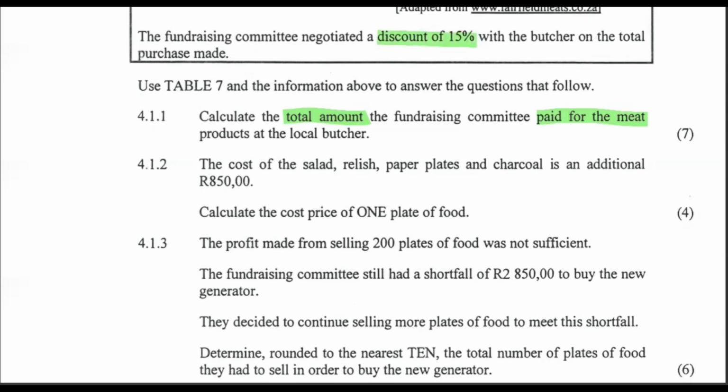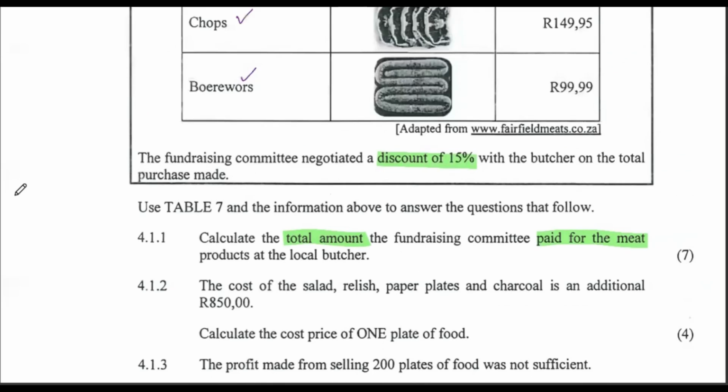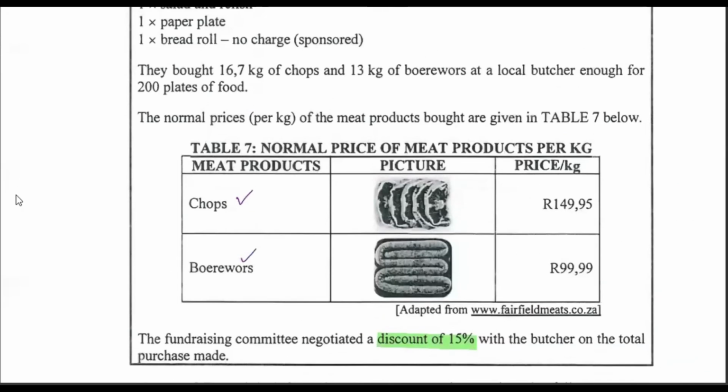Okay, let's go back and see what we need to look at. From the scenario, we see that they have bought 16.7 kg of chops.